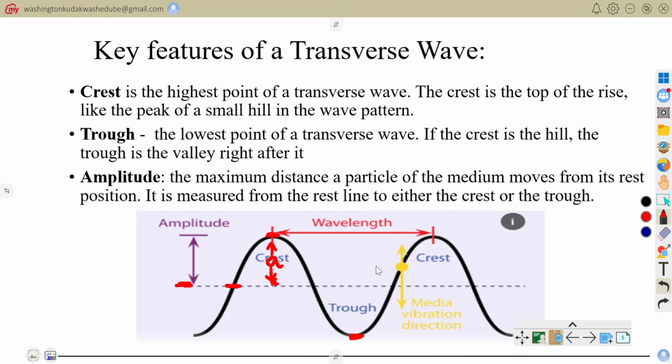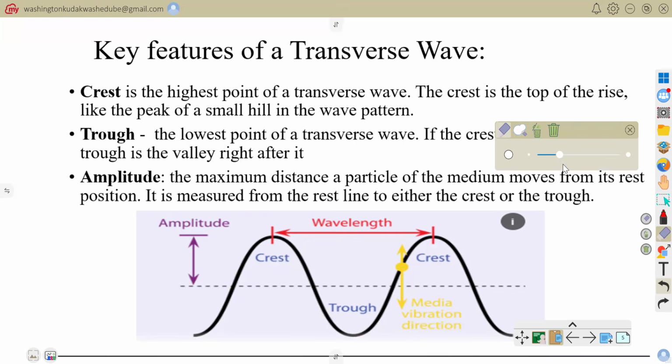And then we have the wavelength. The wavelength is the total distance moved by the wave, or the total distance between two successive points in phase.